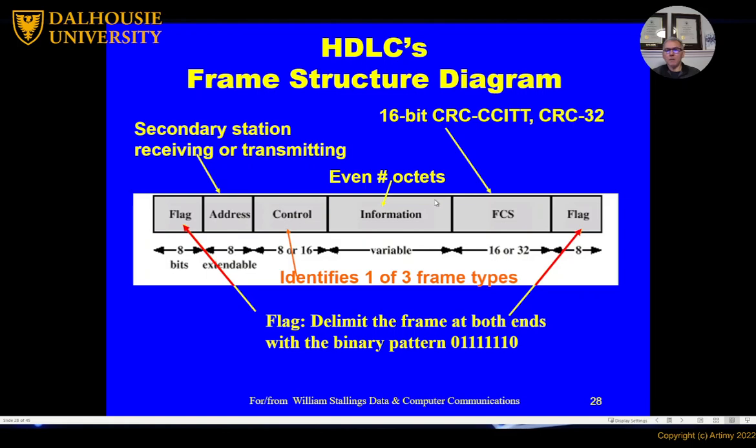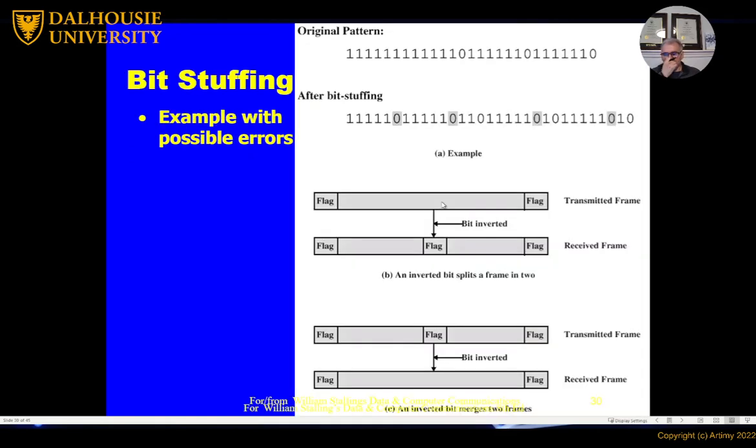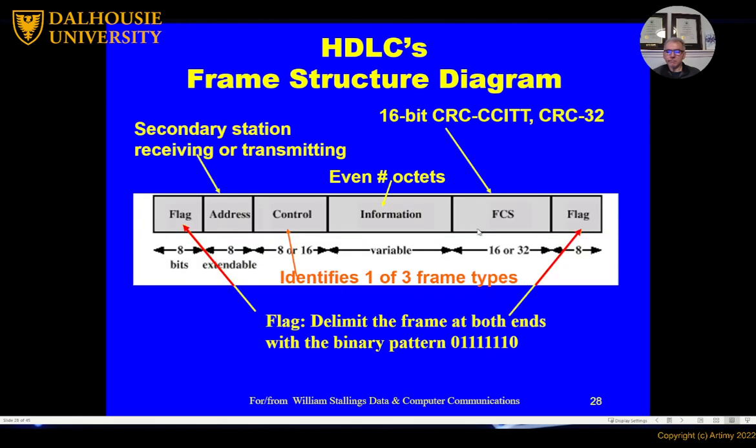So the first thing we have an issue with is the flag. Here we assume that if we have 0610 here, it means that we cannot have the same pattern of 0610 everywhere else.